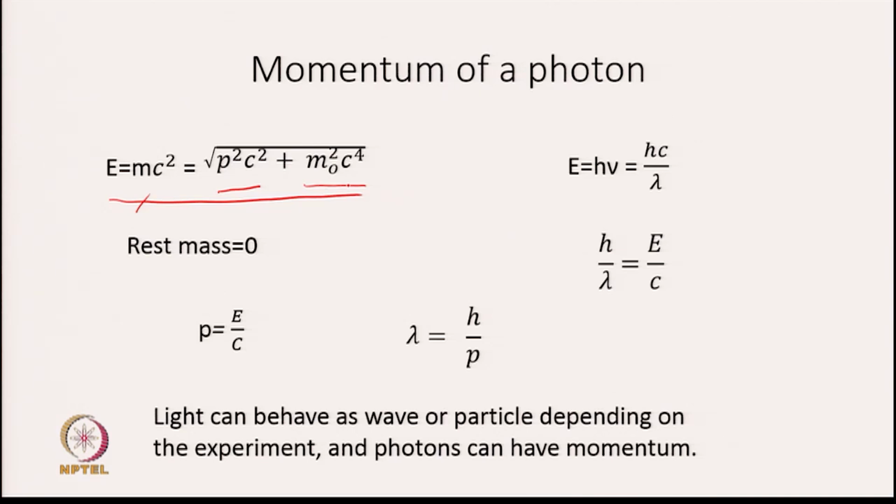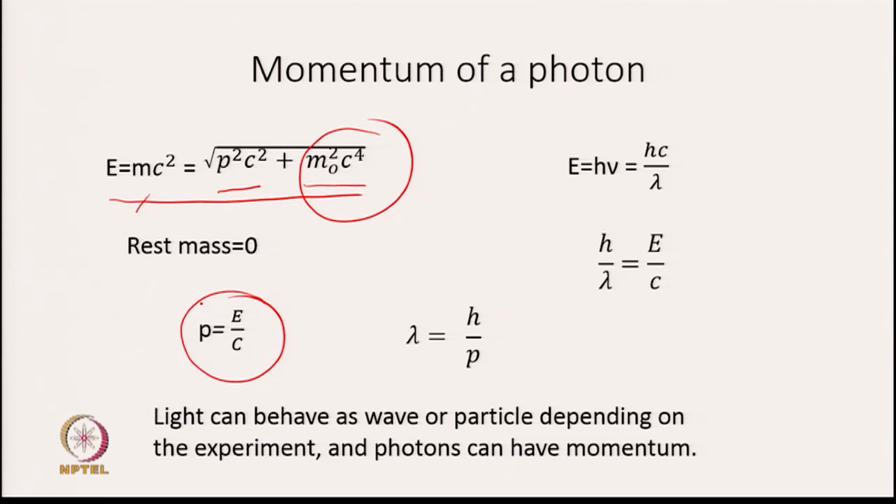So, if rest mass is 0, that is what we expect for particles like photon, then this term will be 0. What does that mean is, your p will be given by E by c.